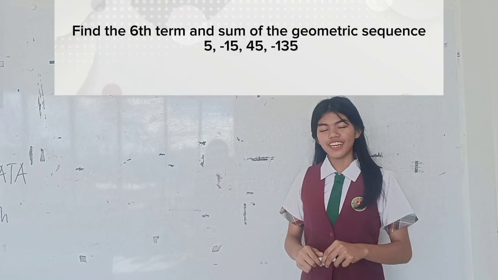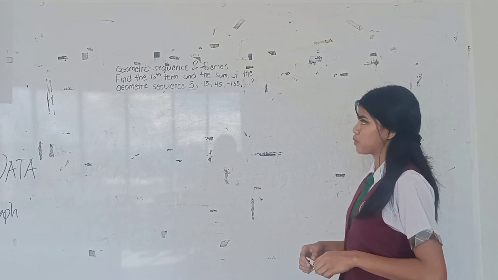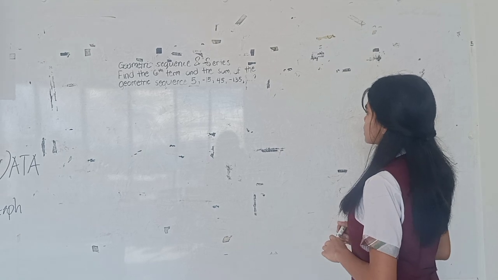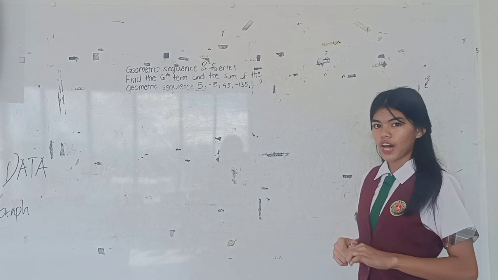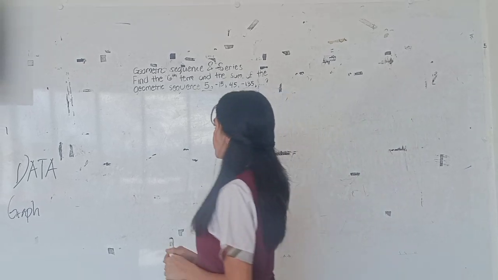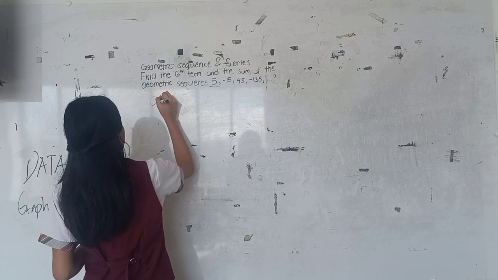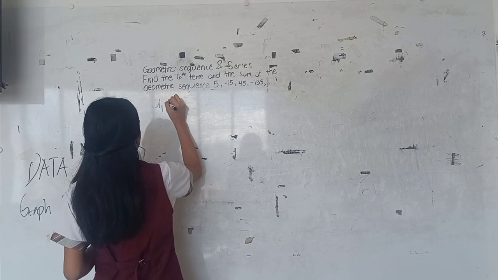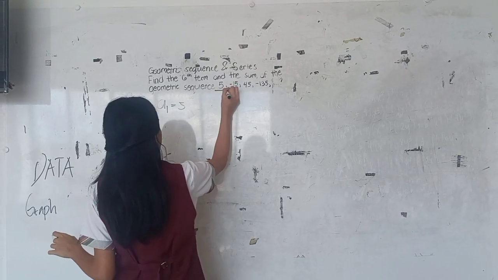So now, let's try our other example of geometric sequence and series. Our given example is, find the sixth term and the sum of the geometric sequence 5, negative 15, 45, and negative 135. First, we need to identify our givens. a sub 1 equals 5, that's our first term.